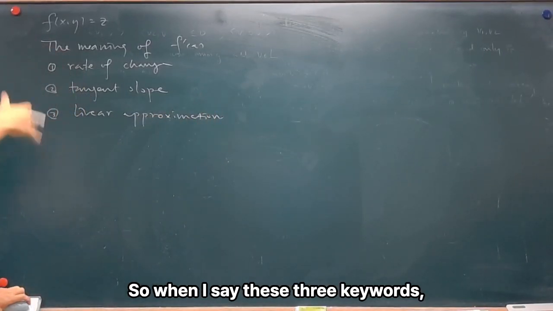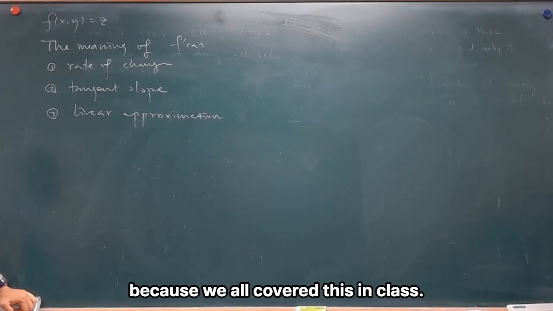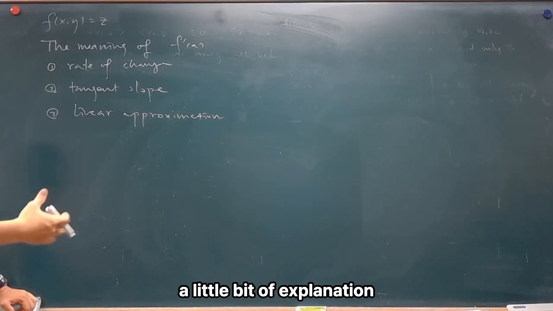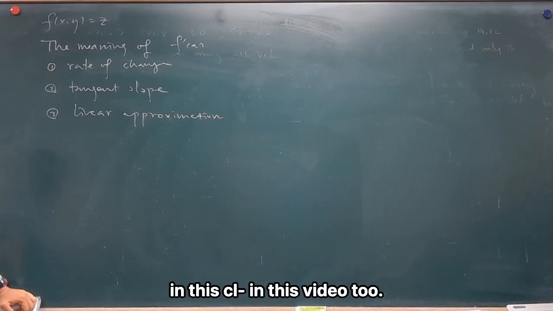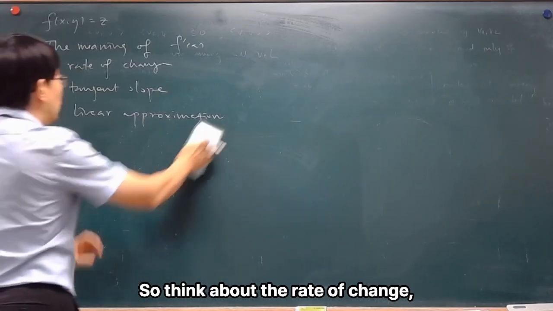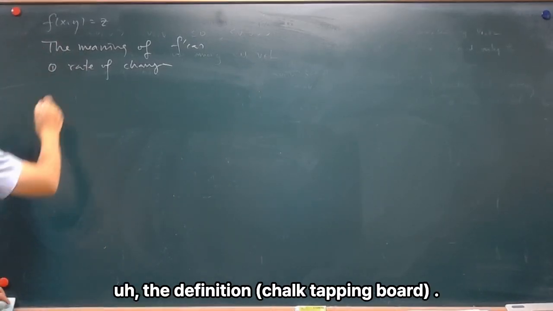So when I say these three keywords, you have to be comfortable about what am I talking about, because we all covered this in class. But I'm going to give a little bit of explanation in this video too. So think about the rate of change. So I want to start from the definition.